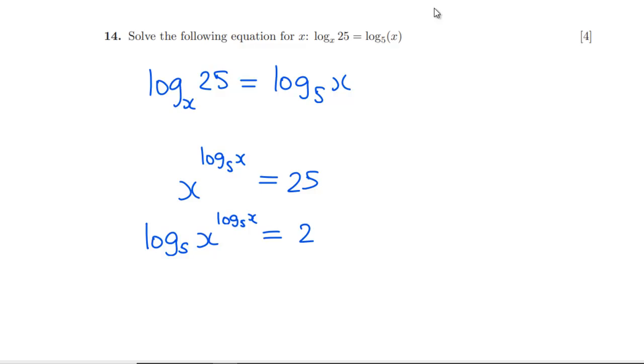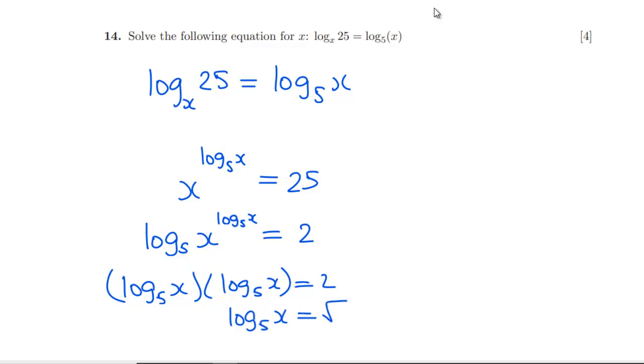Then we bring the log base 5 down to the front. So we've got essentially log base 5 squared, because we're going to have log base 5 of x multiplied by log base 5 of x is equal to 2. So log base 5 of x is equal to plus or minus root 2, which means that x is going to be 5 to the plus or minus root 2.